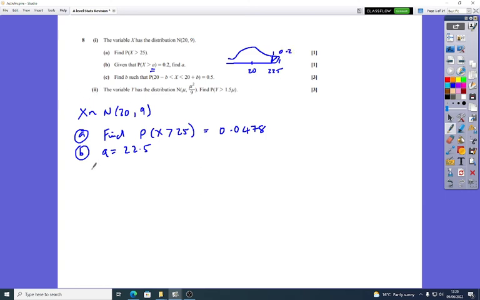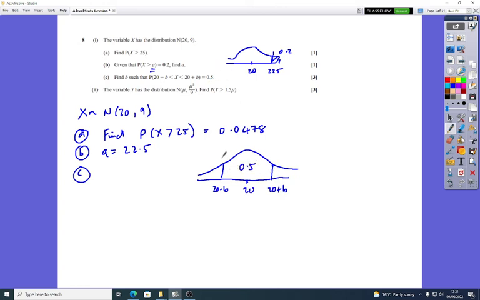Okay, so let's look at C. It says find B such that you have this. If I draw the normal distribution and put 20 in the center, this value here will be 20 plus B, and that's going to be 20 minus B. The area between them is 0.5.